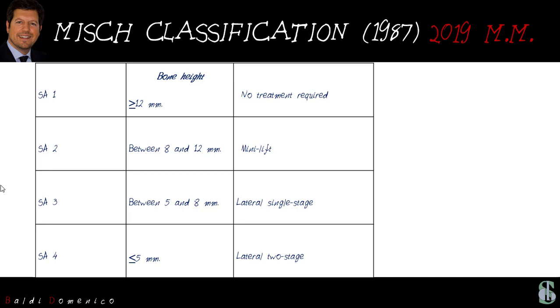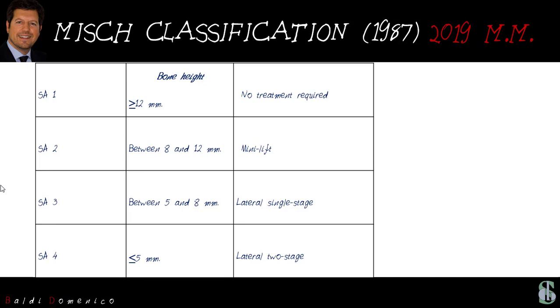In fact, Misch told us that if we had a bone height equal to or greater than 12 millimeters, no treatment is necessary. Instead, if we have a bone height between 8 and 12 millimeters, it's possible to do a mini lift. If instead we have a bone height between 5 and 8 millimeters, it's necessary to have a lateral single stage. It means that it's necessary to make a sinus lift with a buccal approach, and it's possible to place the implant at the same time.